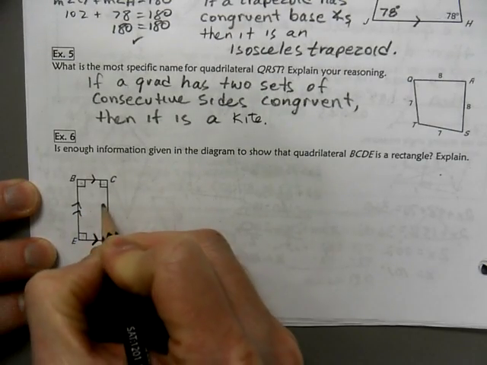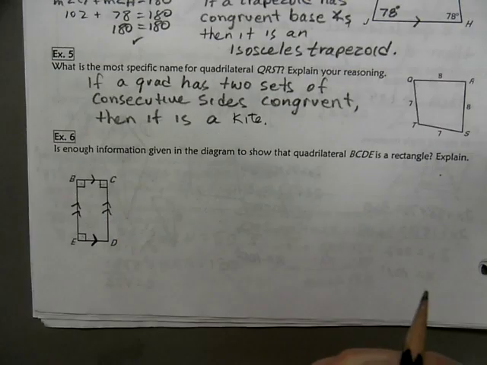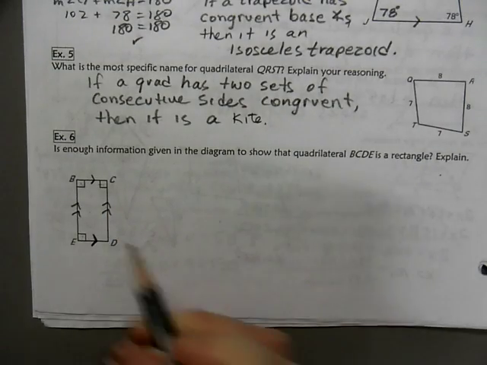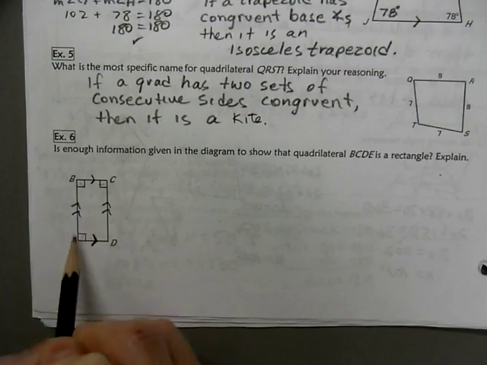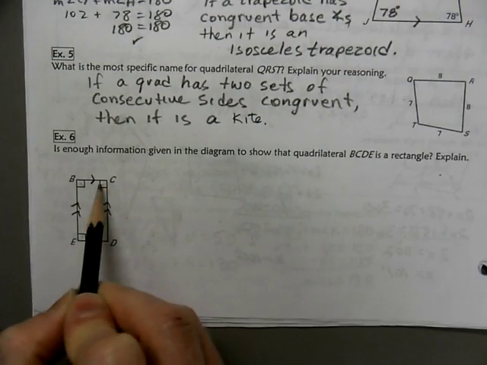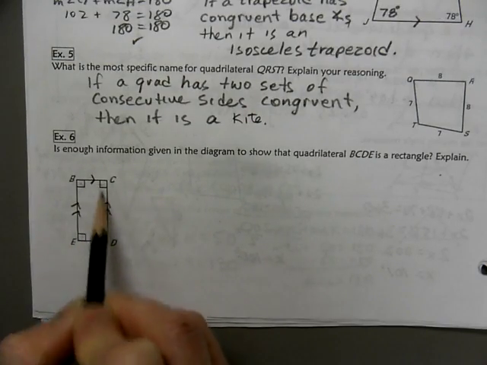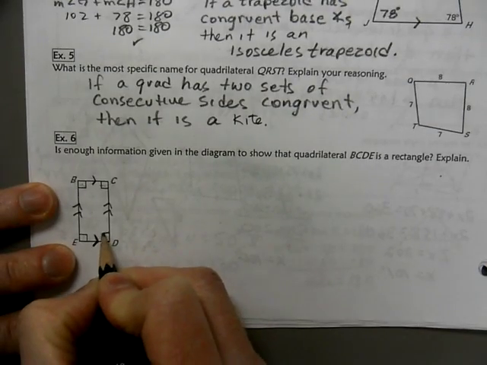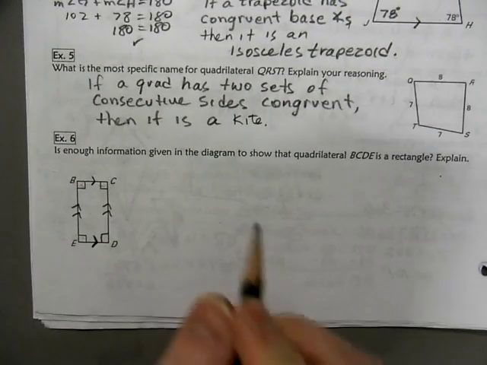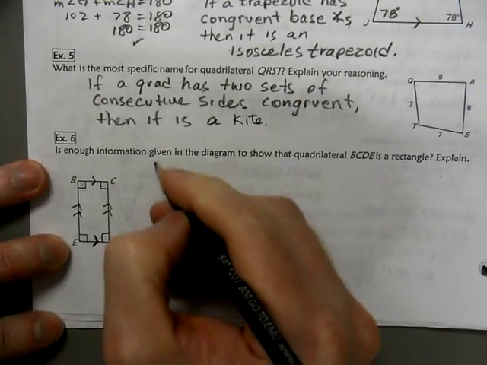We know that these sides are parallel to each other, which when we add it up to 360, or if we do another pair of consecutive interior angles, that makes this guy 90. So we do have 4 right angles.